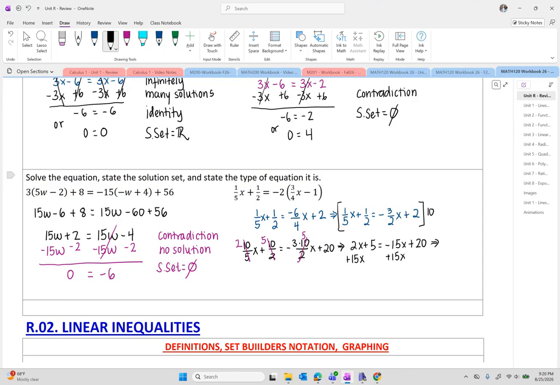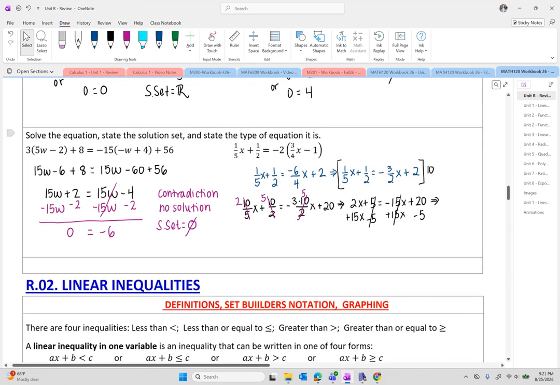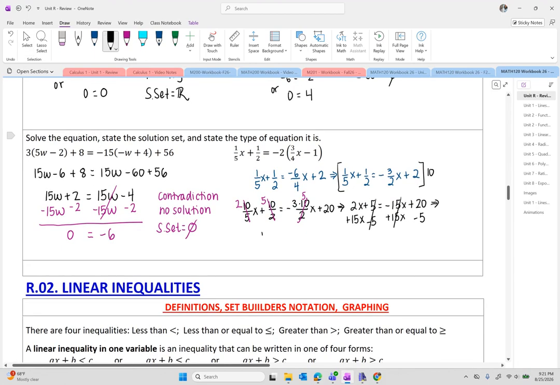And then I will move the 5 to the right, so I will subtract 5 from both sides, and I will get an equation. 2 plus 15x is 17x equals 20 minus 5, which is 15, and then I will divide by 17 to solve for x. X will be 15 divided by 17.